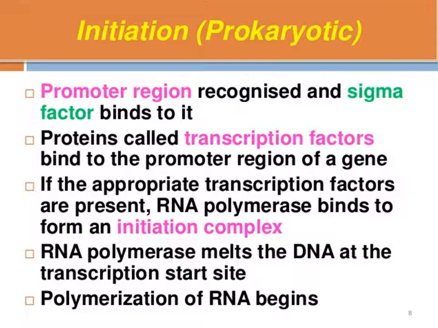The promoter region is the region which is present at the beginning of the transcription site, or we can say if one or two or a few genes have to be transcribed, then each gene or group of genes must have some promoter region at their beginning from where the RNA polymerase should start.